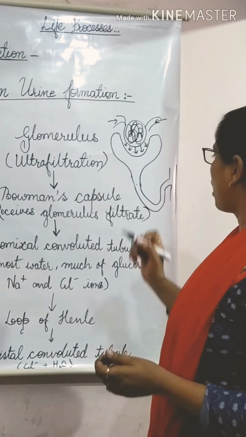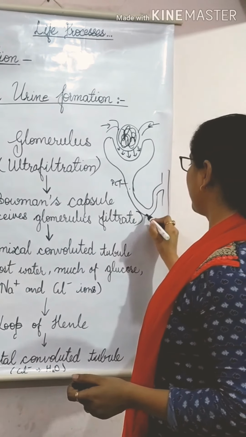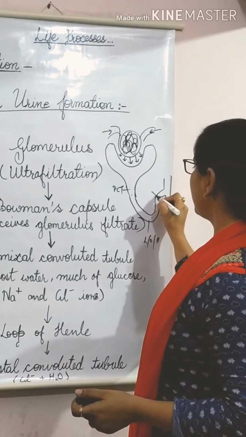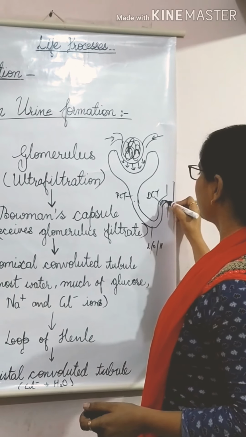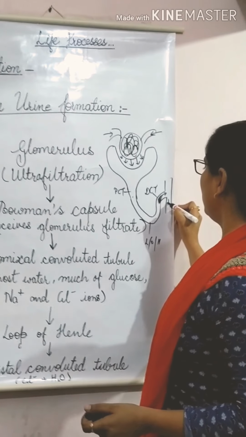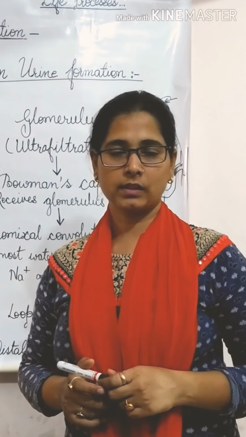So this is your PCT, this is your loop of Henle, and this is your DCT. After this, in DCT, chlorine and water get reabsorbed. Then the urine passes to the ureter. I hope you have found this easy to understand.